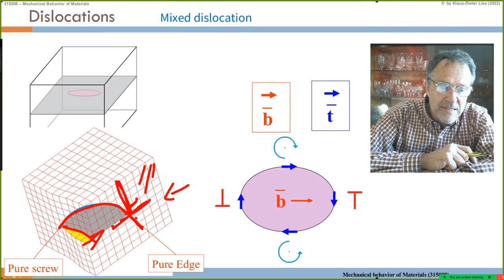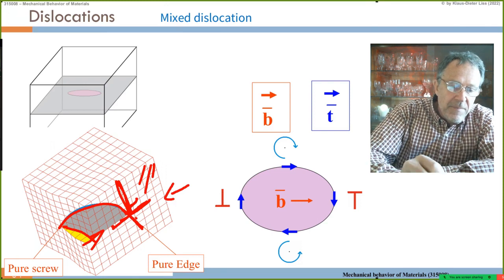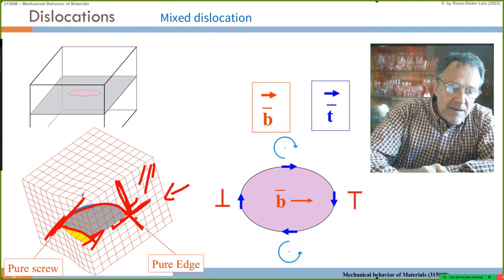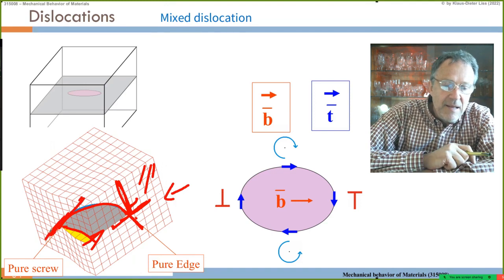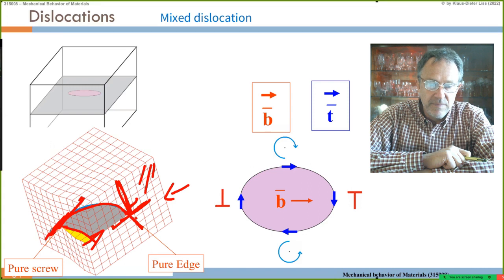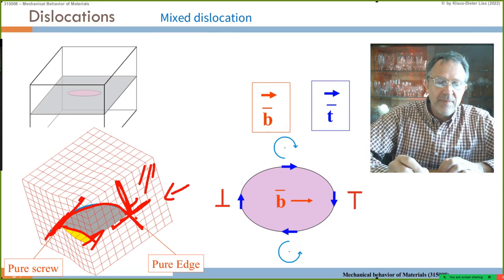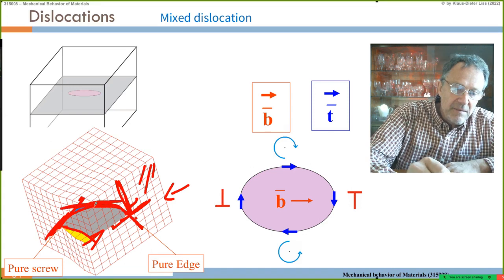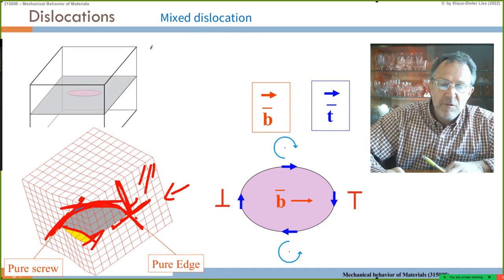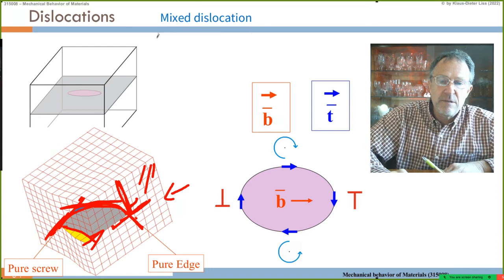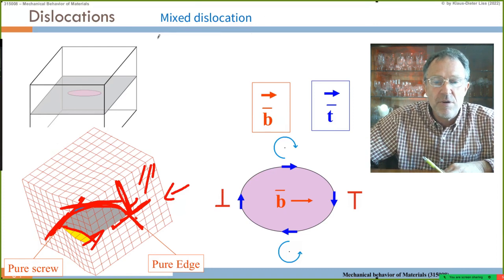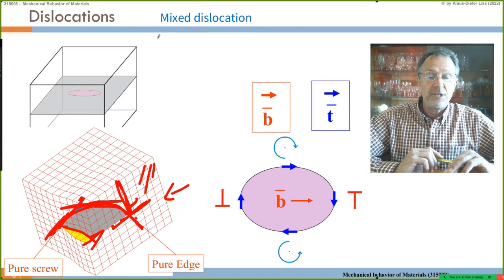It's always in one system. There's only one Burgers vector. And we see the Burgers vector is parallel to the dislocation line in this point. In between here, we have mixed dislocations, though they have some screw character and some edge character.